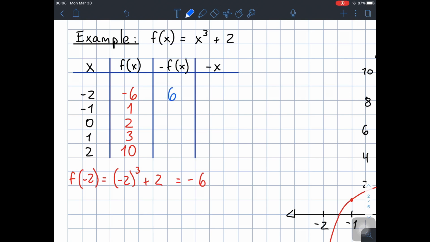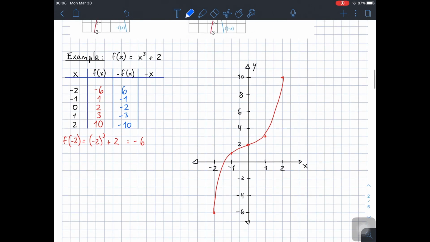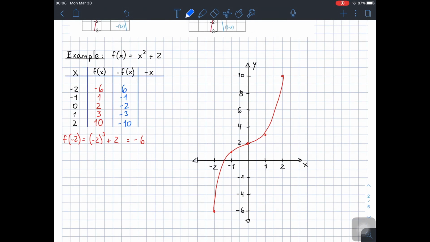So this is 6. Then this would be negative 1, negative 2, negative 3, and negative 10. Now I plot these points using always the same x-coordinate. So the first point would be negative 2 and 6. The second point would be negative 1, negative 1. And then the third point would be 0 and negative 2, and so on.